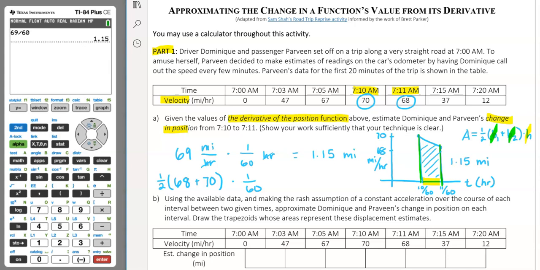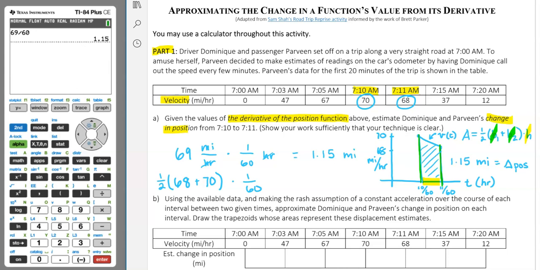In other words, the area under our presumed velocity function, we had to make it up, we didn't know exactly what it was, we just knew 2 points, is equal to the change in position over that time interval. We're going to now repeat this technique several times with the goal of coming up with an overall estimate of the change in position of Dominique and Parveen from 7 until 7:20.